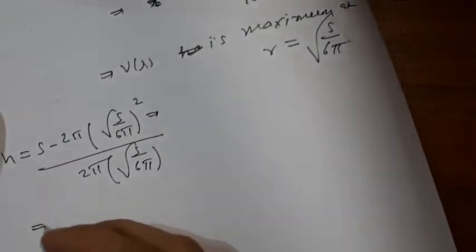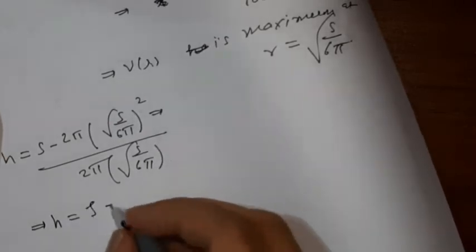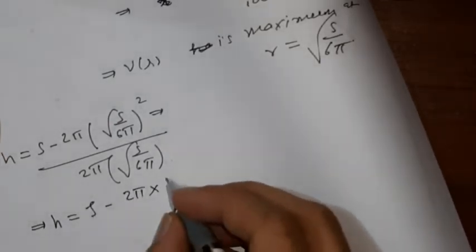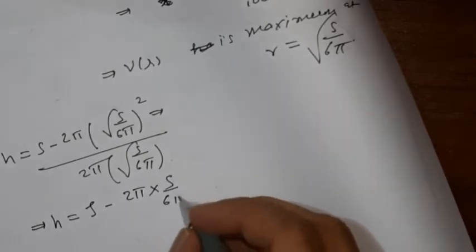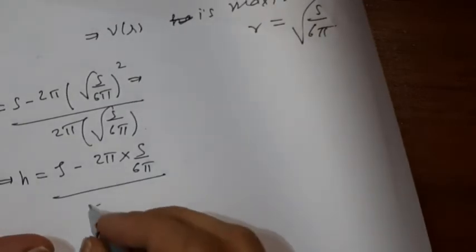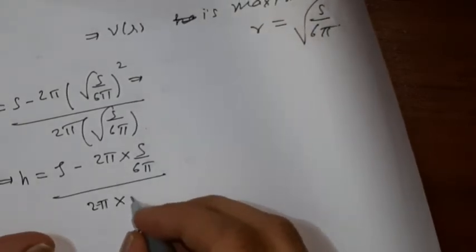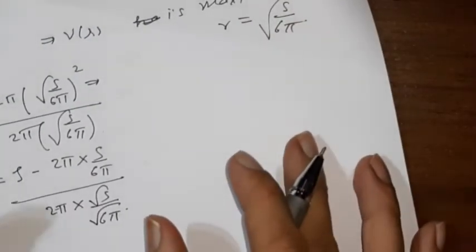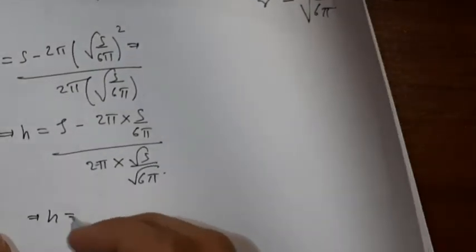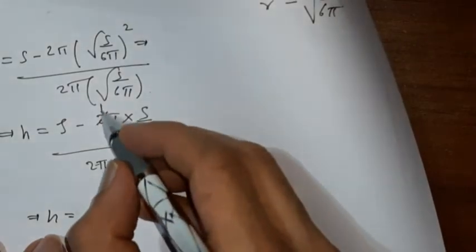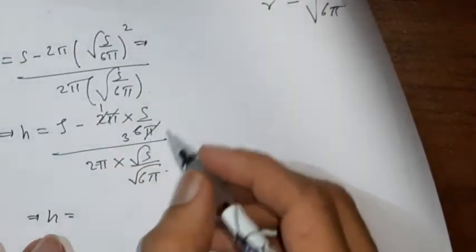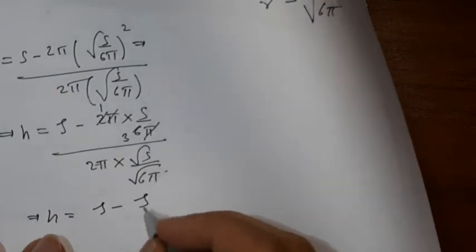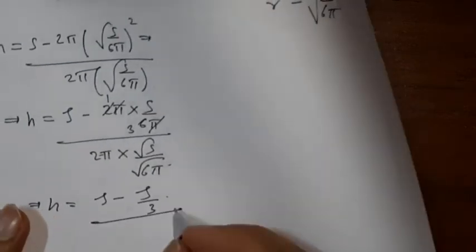So h is equal to s minus 2 pi multiplied by s divided by 6 pi, because the root and square get cancelled, divided by 2 pi multiplied by root of s divided by root of 6 pi. This is what we are getting. Now if we simplify this more, 2 ones are 2, 2 threes are 6, pi and pi get cancelled, so you will get s minus s by 3, divided by what?